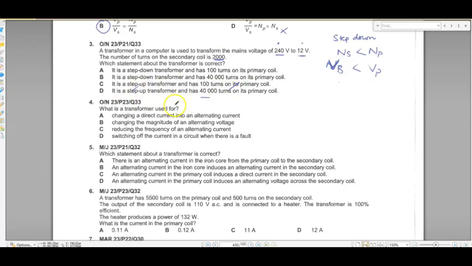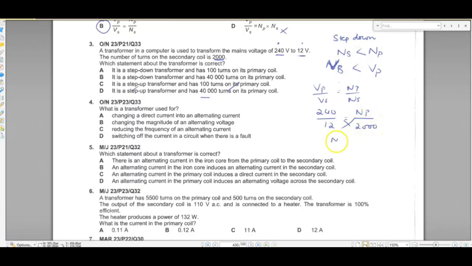Now what we are going to do, we have 3 entities. We have to find what the answer is. So Vp over Vs is equal to Np over Ns. Primary voltage is 240. Secondary voltage is 12. The number of turns on the secondary coil are given, and the number of turns on the primary coil we have to find.